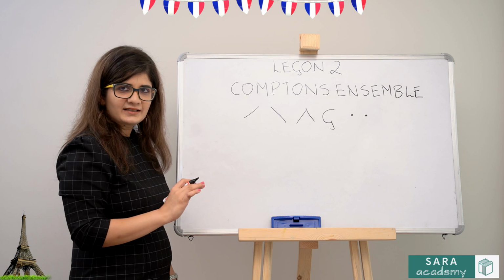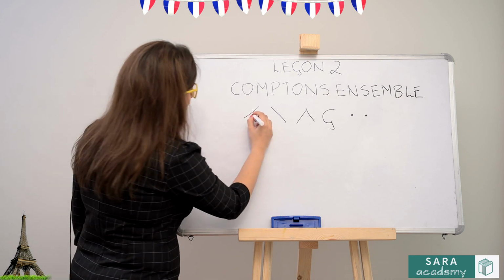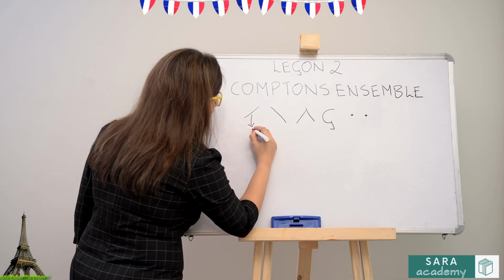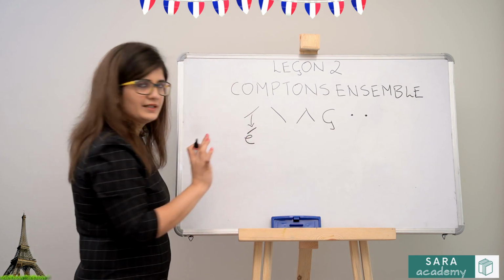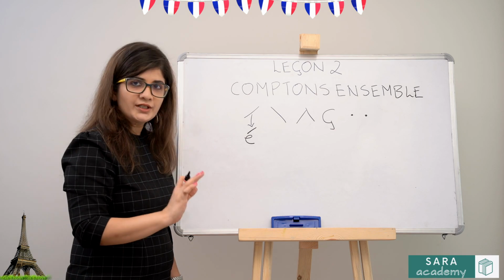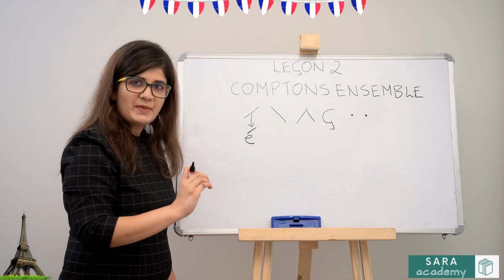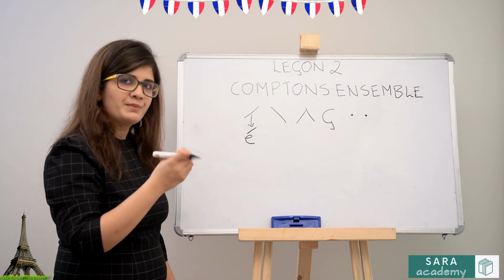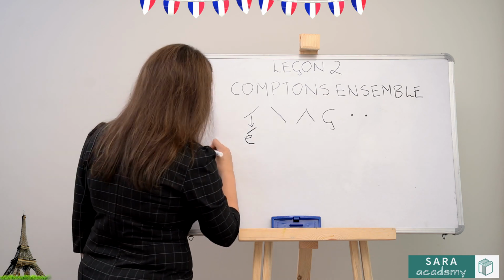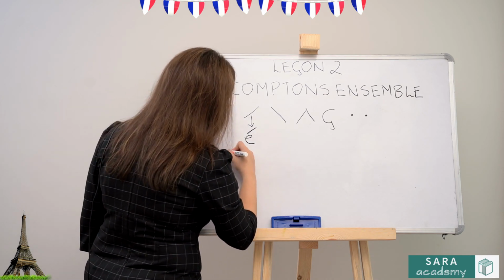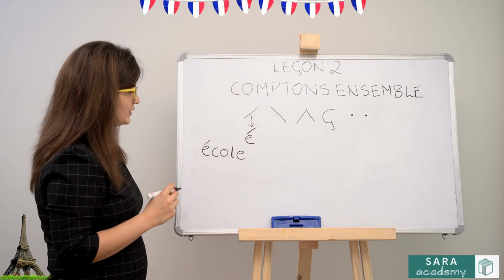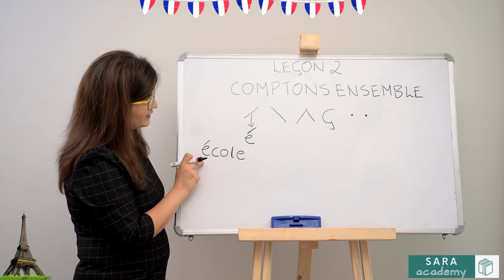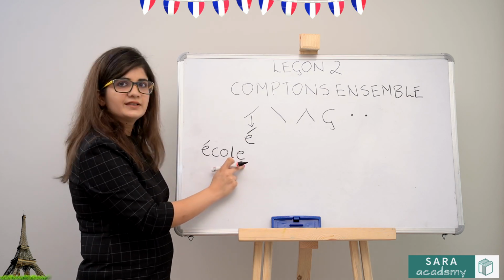Now what do these accents mean? For example, this particular accent is called the aigu accent. It comes only on the English vowel E. It doesn't mean it comes on all the E's. It's part of the spelling. I will teach you how to memorize it. So for example, let's take école. École means school. So there's an accent on this particular E. It's not there on this E. Why?